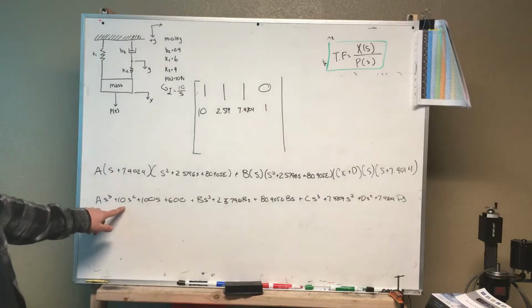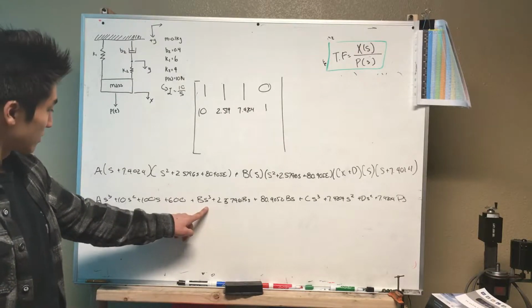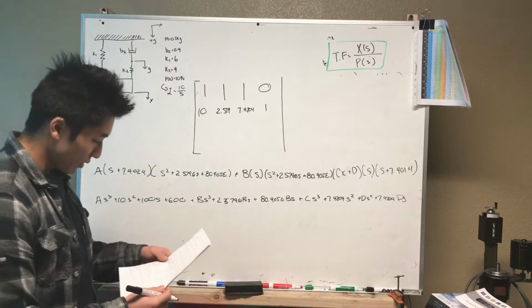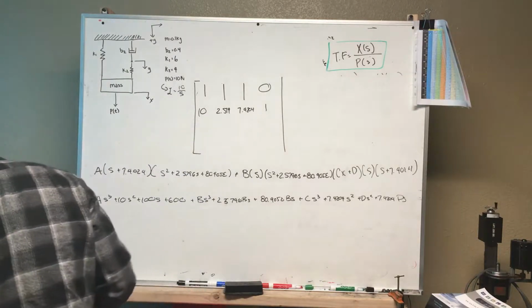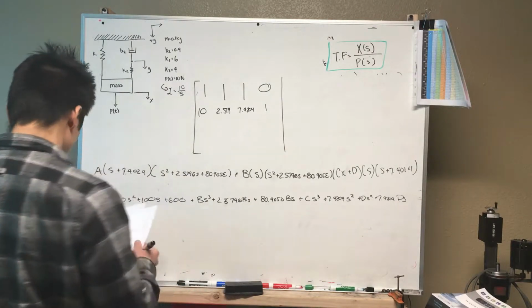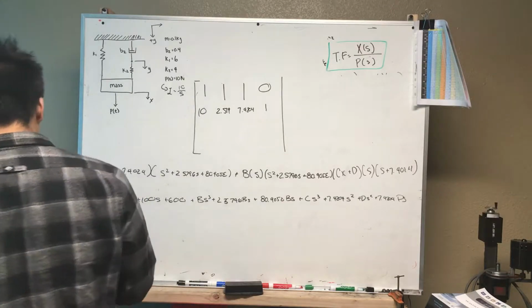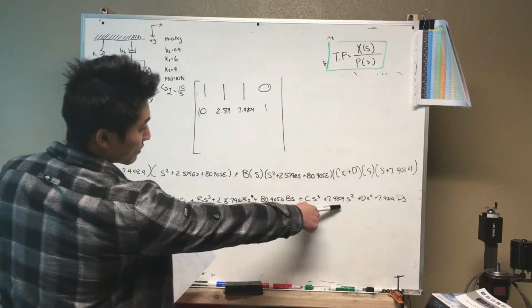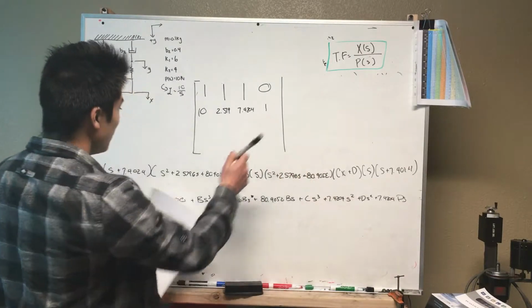So these are going to be the s squared, Bs squared. I think I missed a Bs squared. Yep, this one is a squared. And then 7.4204 and 1D.